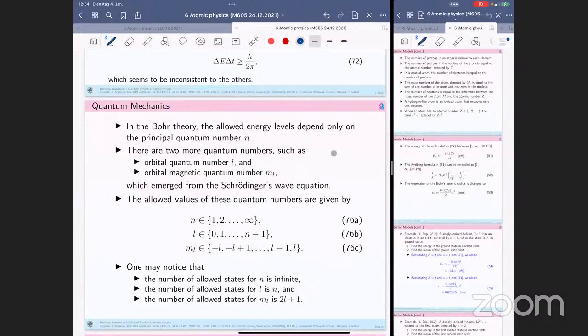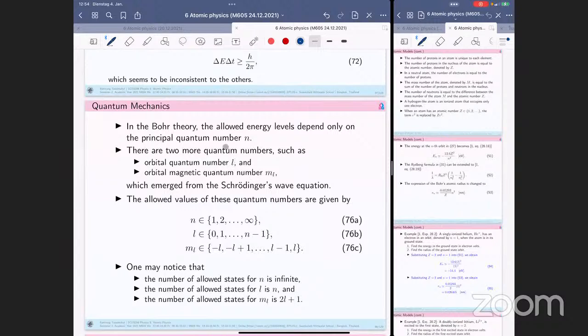Then they found that there are two more quantum numbers. The first one is the orbital quantum number, which is denoted by L. Something more complicated will emerge now. The orbital magnetic quantum number is the third one.